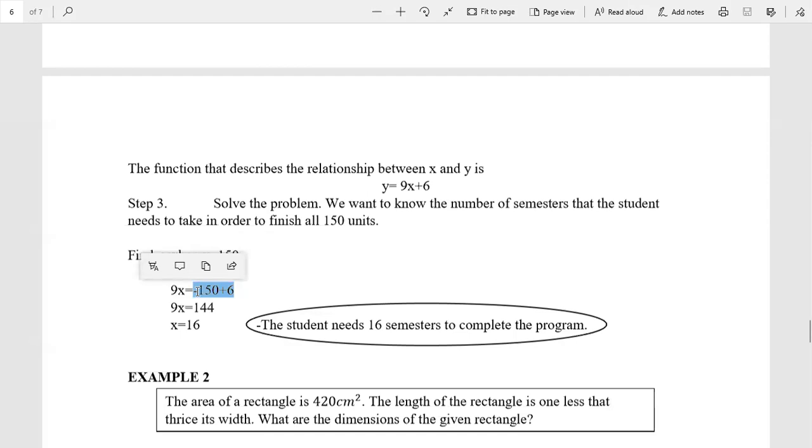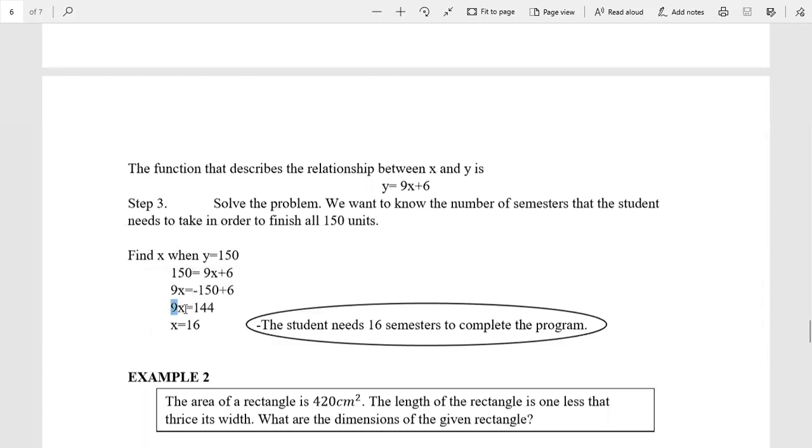I-edit niyo sa inyo ang module. So ito na siya. 9x is equal to 150 minus 6 is 144.